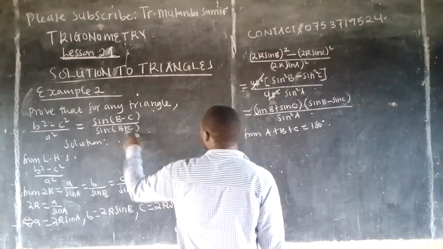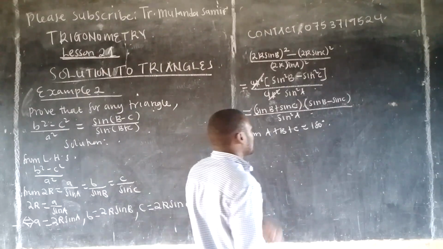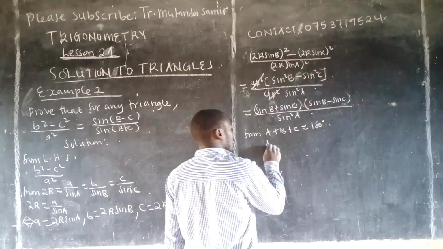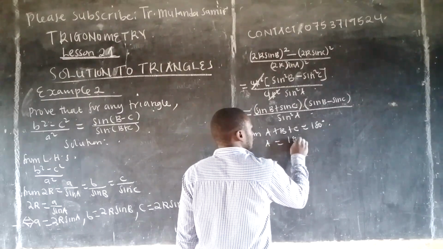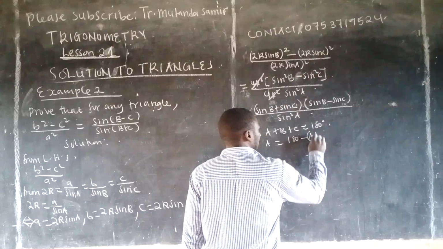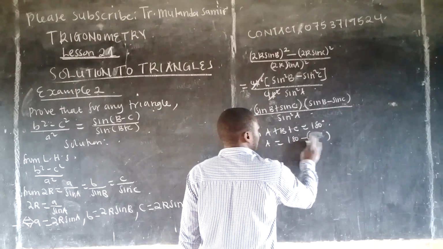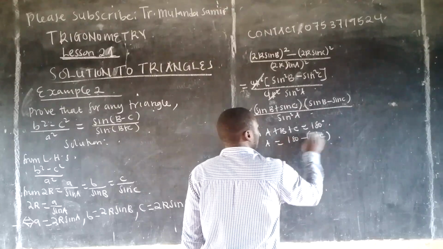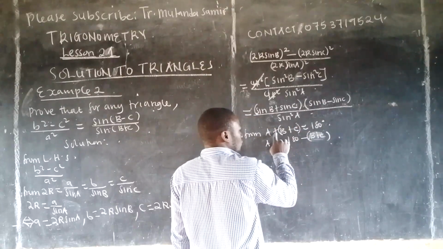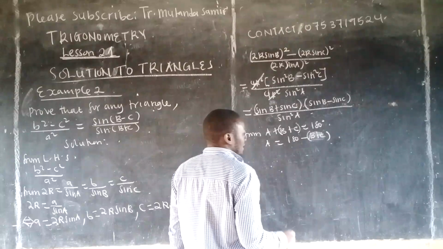Since we don't have A in the proof, you make A the subject. So A will be equal to 180 minus (B plus C). You take B plus C as compacted, the way it is.